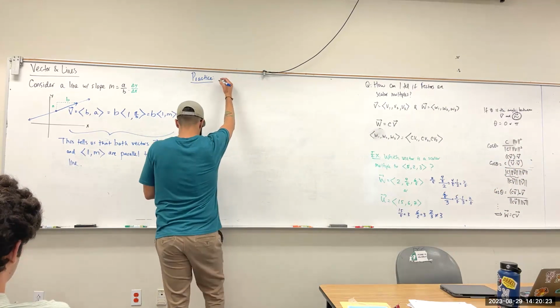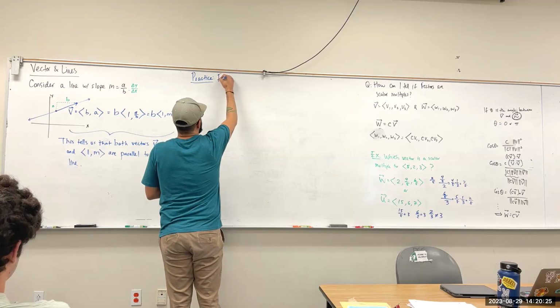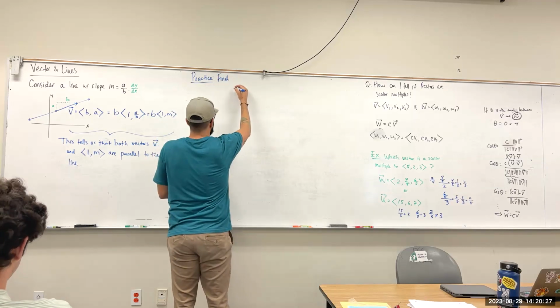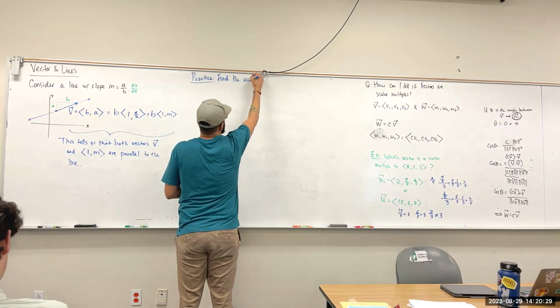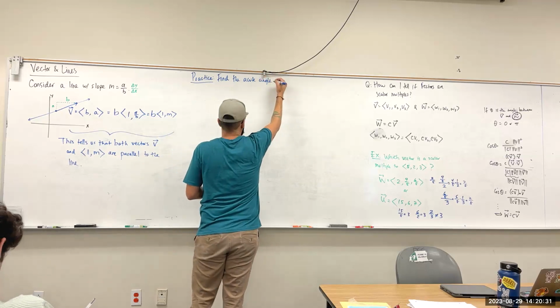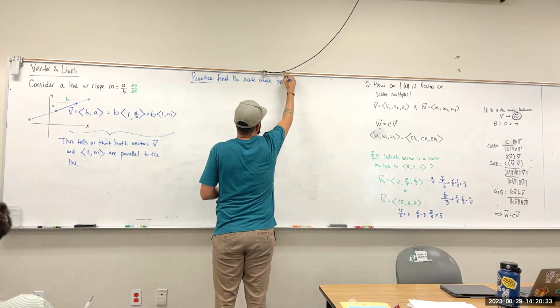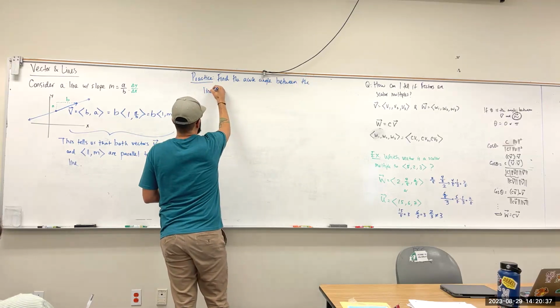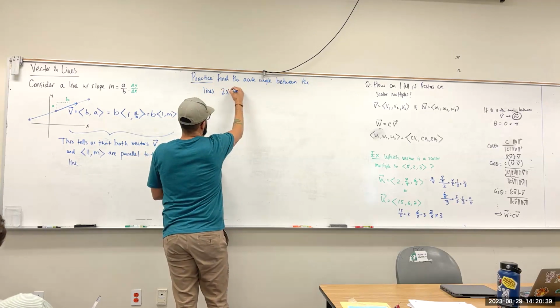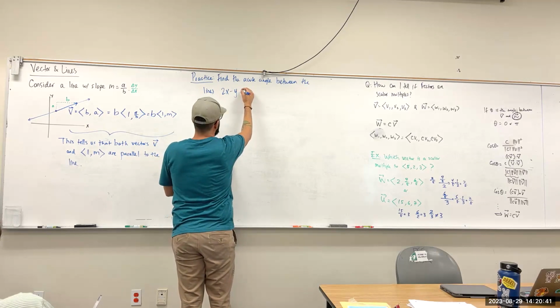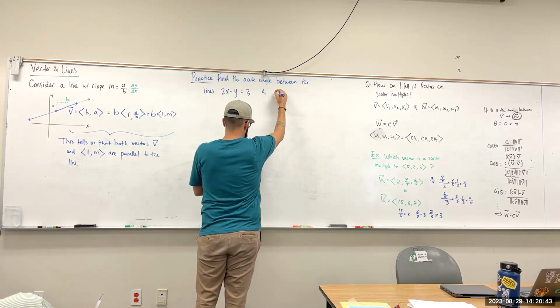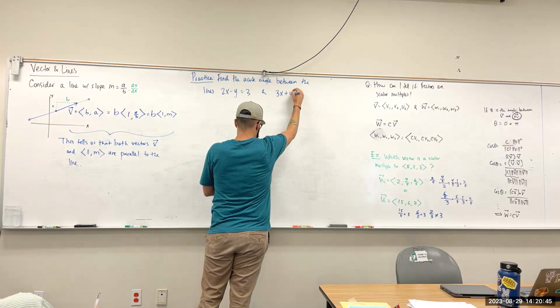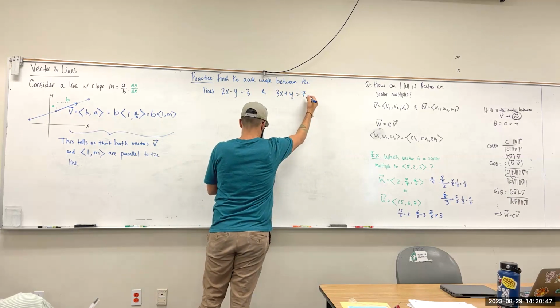Okay, so with that, I want you to try this out with your groups. Find the acute angle between the lines 2x minus y equals 3 and 3x plus y equals 7.